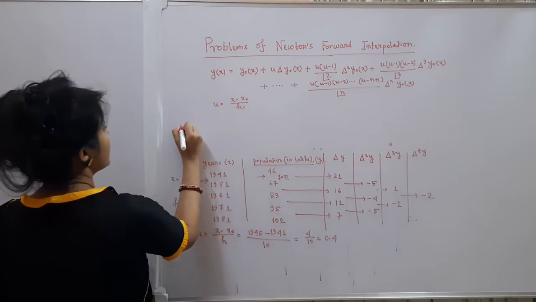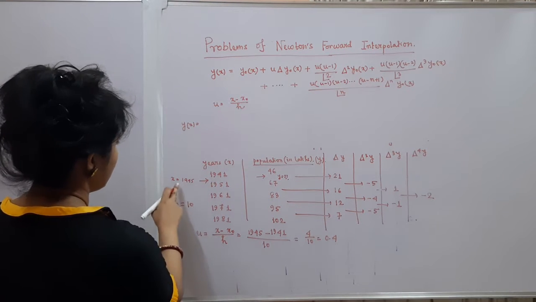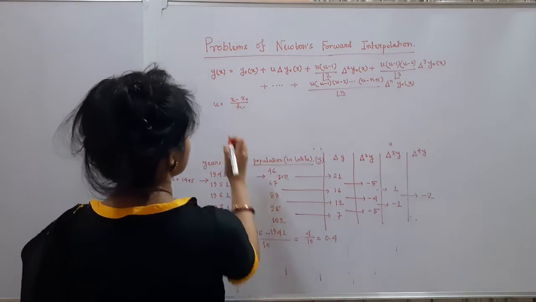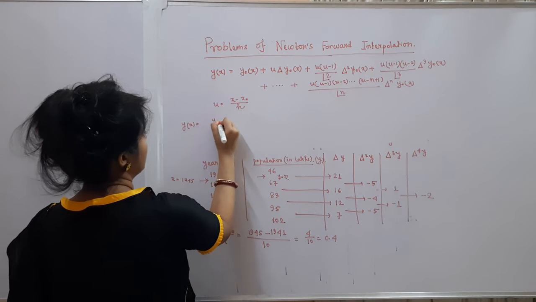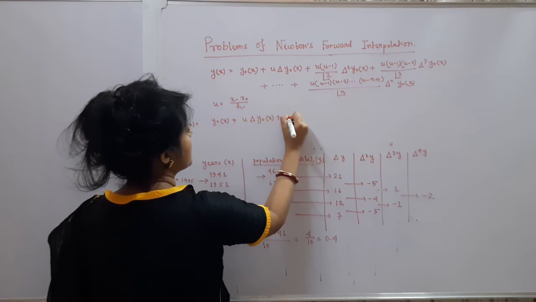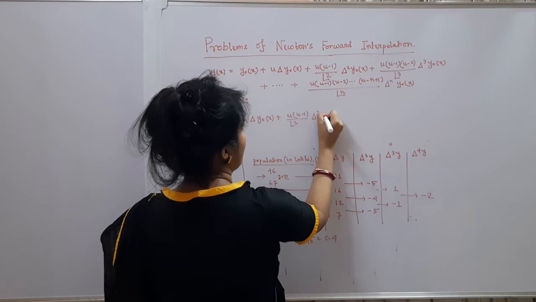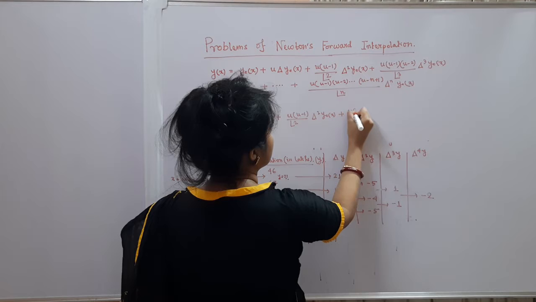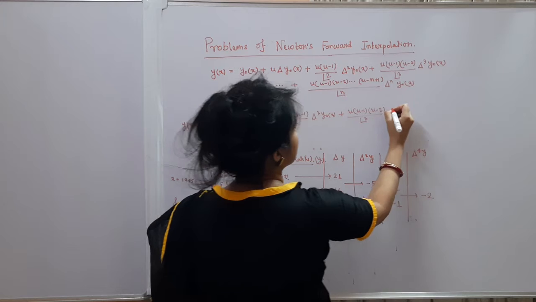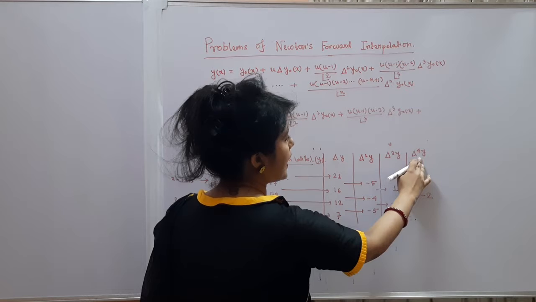Now you can easily find out the value of y for x equal to 1945. So what is y0x? First I am writing the formula: u into delta y0 plus u into u minus 1 by factorial 2 delta square y0 plus u into u minus 1 into u minus 2 by factorial 3 delta cube y0, and you need it up to delta 4 y0.